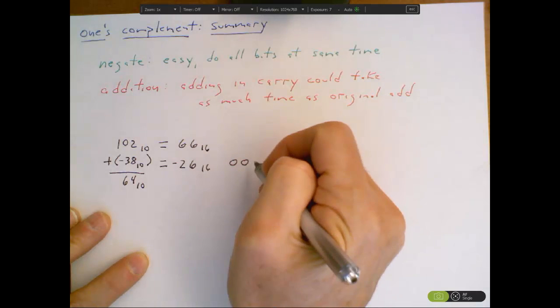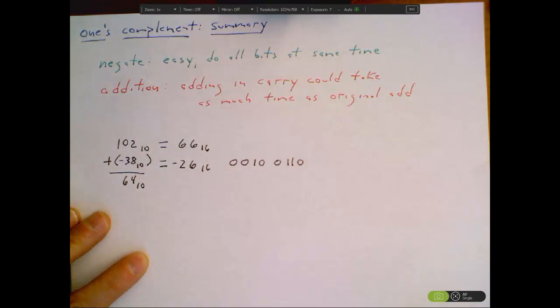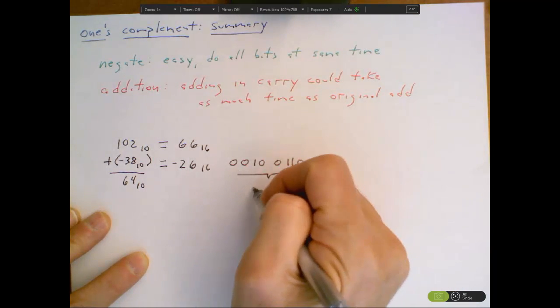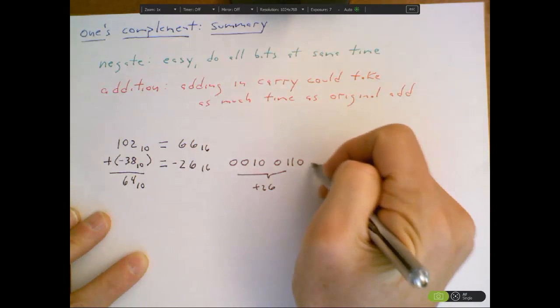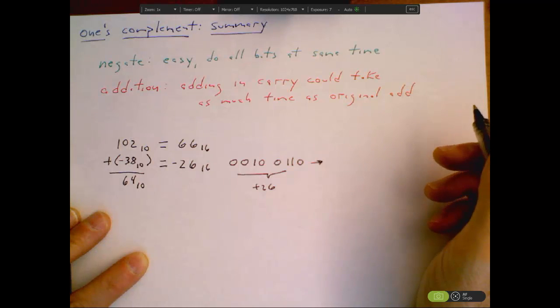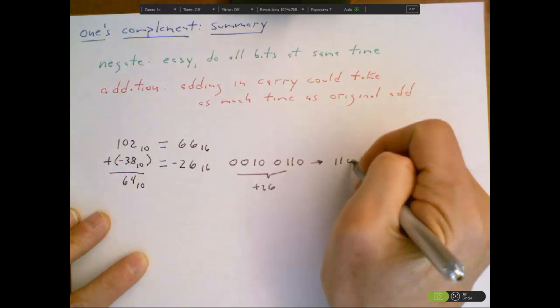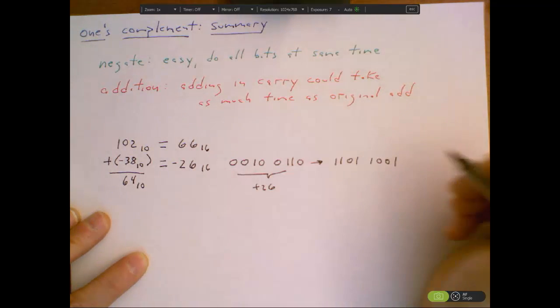Positive version is 0, 0, 1, 0, 0, 1, 1, 0. Again, this is positive 26. Now I have to complement the bits. 1, 1, 0, 1, 1, 0, 0, 1.